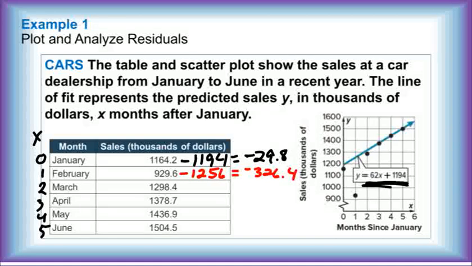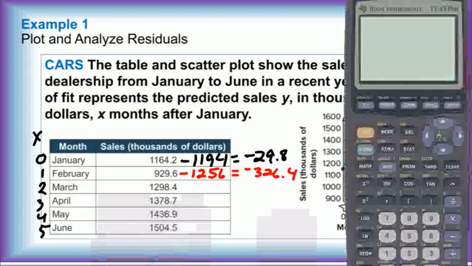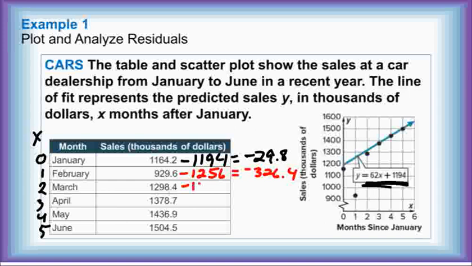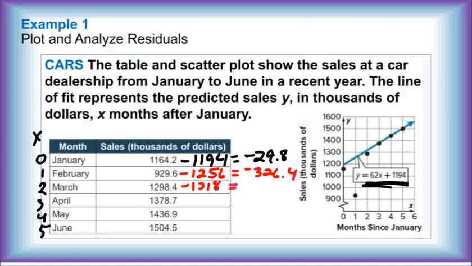Next one, I'll show you this one on the calculator as well. I'm going to take 62 times March, which is 2, so multiply by 2. Then I'm going to add 1194 to it, and we get 1318. So we're going to subtract 1318 from here, and we get an answer of negative 19.6.